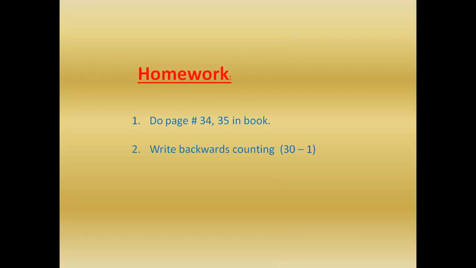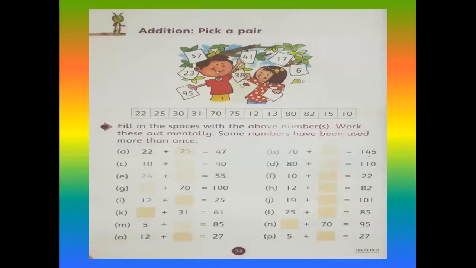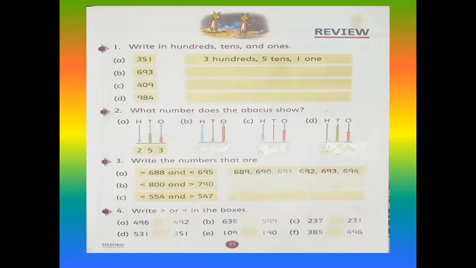Don't learn on the fingers. When I teach, you read, you can read quickly, because when you do multiplication and division questions, you will use tables, and not only in higher classes. This is page number 34, and this is page number 35.